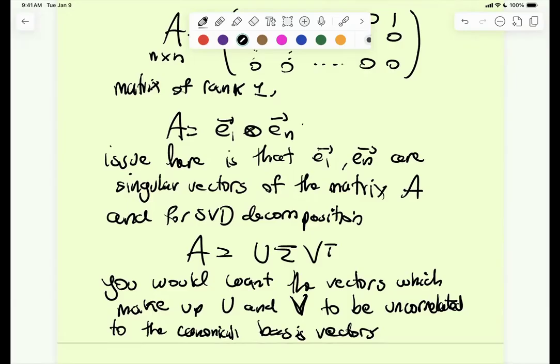Maybe it's a good place to wrap up, and then I'll fill in the blanks later to prove the theorems. But basically, just to give you in a nutshell what's going to happen, the coherence is going to measure how much the singular vectors are related to the canonical basis.